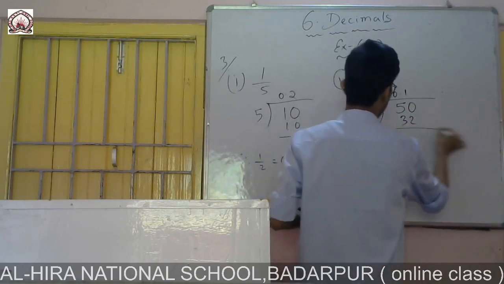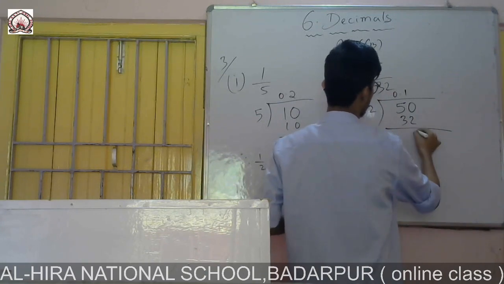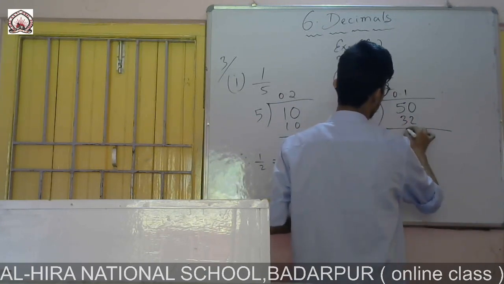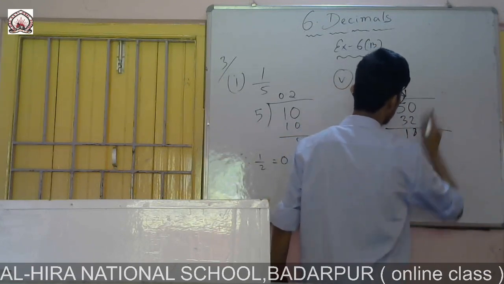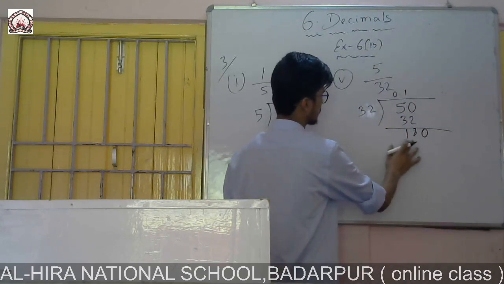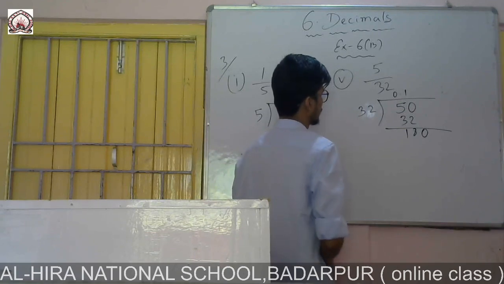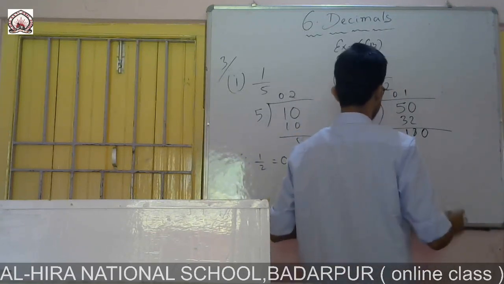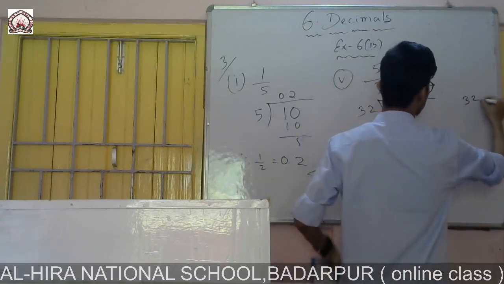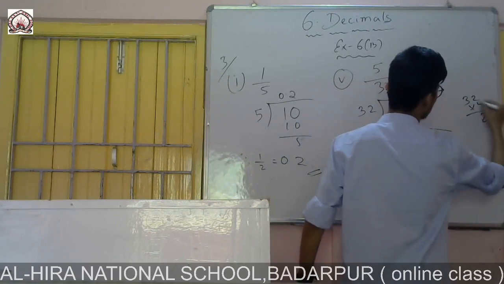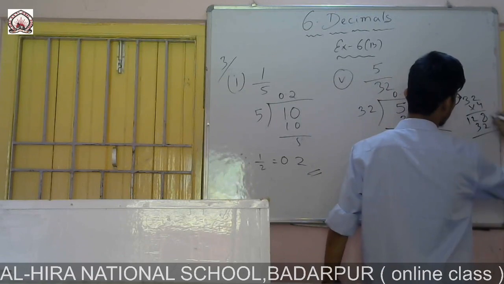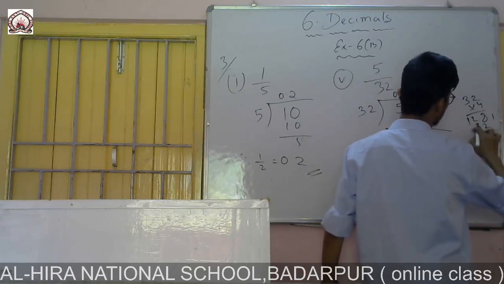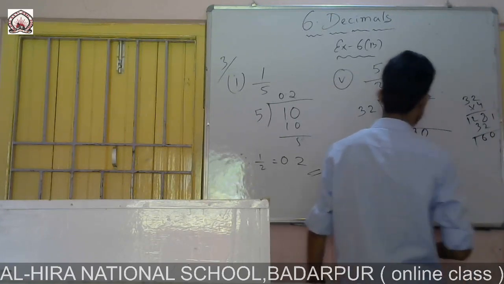Now I subtract, and there it will be 8 and then 118. Again decimal is there, I can put 10 because 18 I cannot divide by 32. 4 2s are 8, 4 3s are 12, 128. Then again 160.